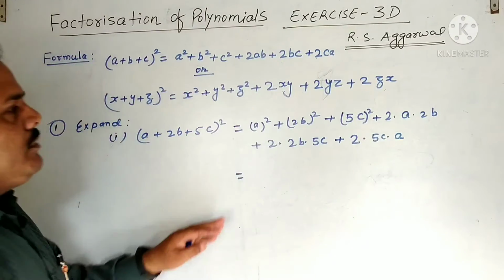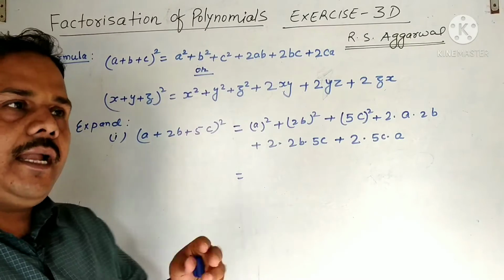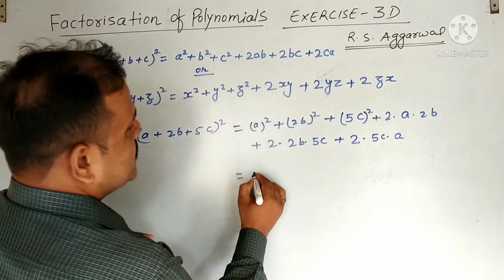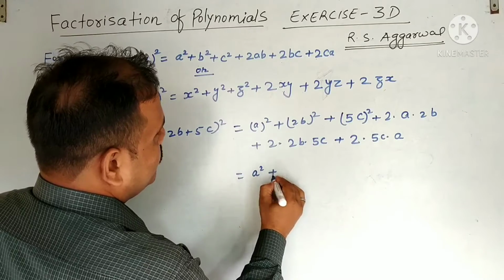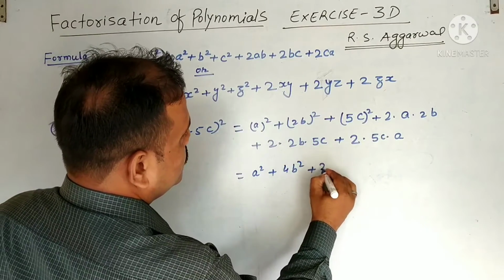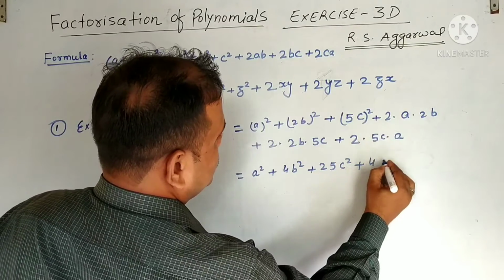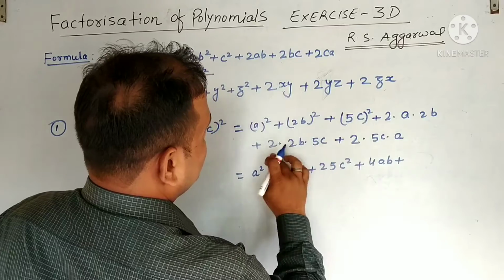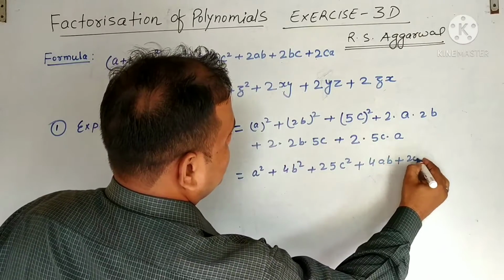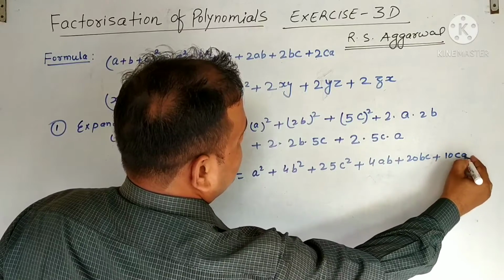The dot indicates multiplication. Whatever is given at the places, just write and solve. Now a square plus 4b square plus 25c square plus 4ab plus 20bc plus 10ca.